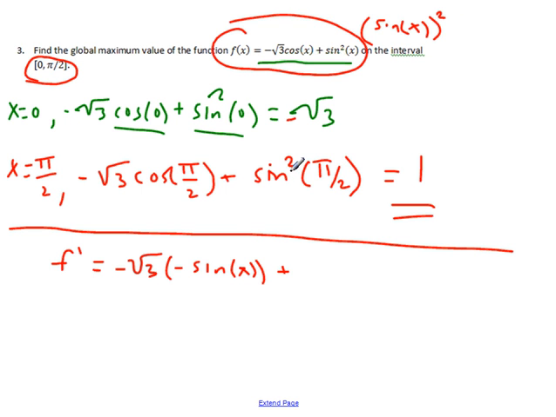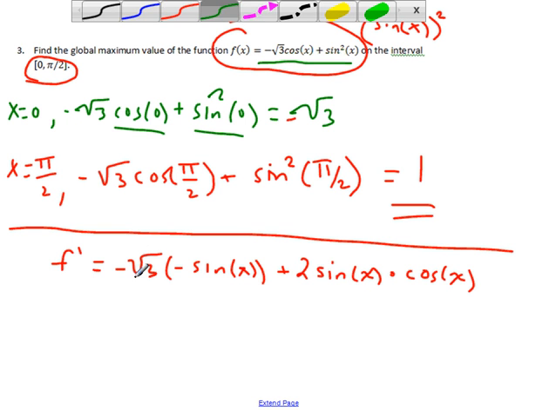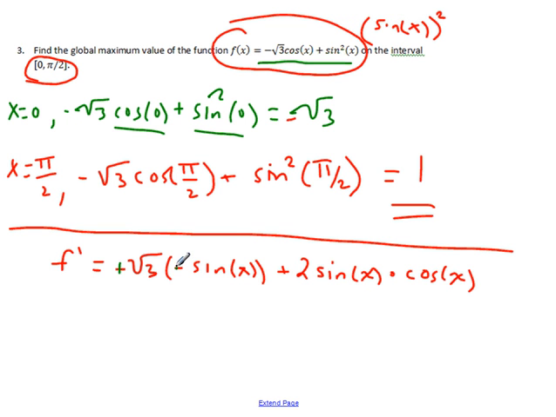The derivative of something squared is 2 times that something multiplied by the derivative of the inside, which the derivative of sine is cosine x. All right? Well, we've got a negative here and a negative here. Those become positive. We've got a sine and a sine, so let's factor them out.